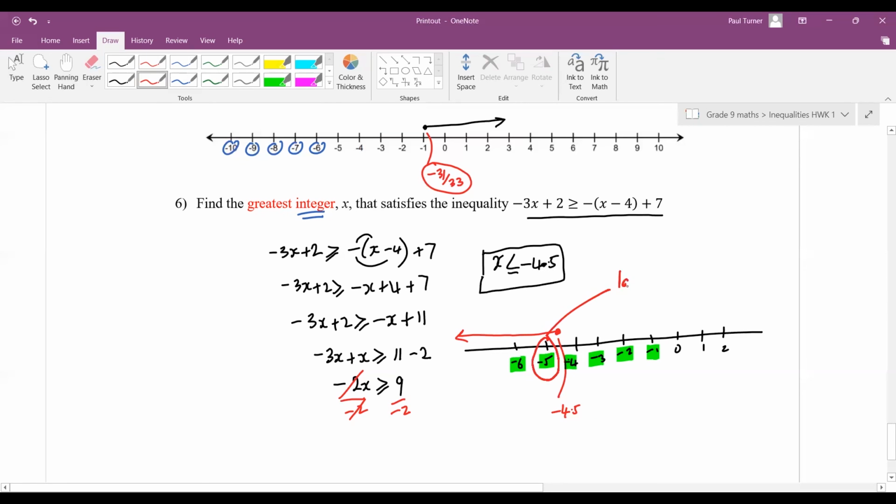Okay, so the largest integer is negative 5. That's the answer there. So any question like this, you will draw your number line. It will help you answer the question. And then find your integers, which are the numbers in green there. And negative 5 is the largest integer which will satisfy this equation.